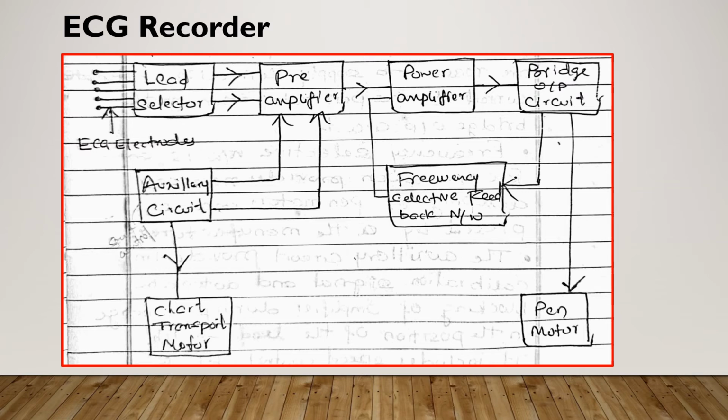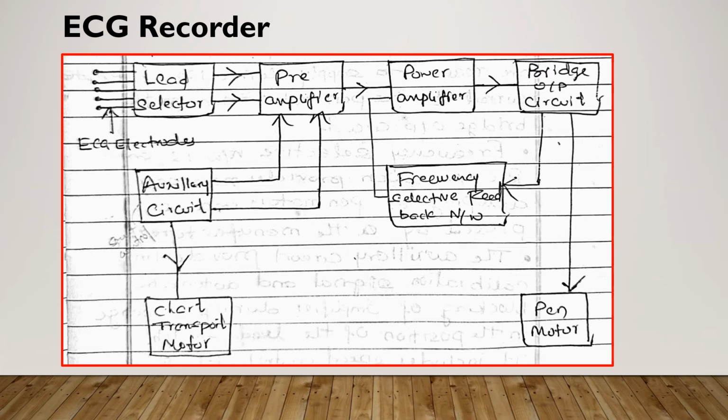This is the block diagram of the ECG recorder, which consists of ECG electrodes, lead selector switch, preamplifier, power amplifier, bridge output circuit, auxiliary circuit, frequency selective feedback network, pen motor and chart transport motor. The wires from the electrodes connect to the lead selector switch. This lead selector gives an unstabilized output which is fed to the preamplifier.